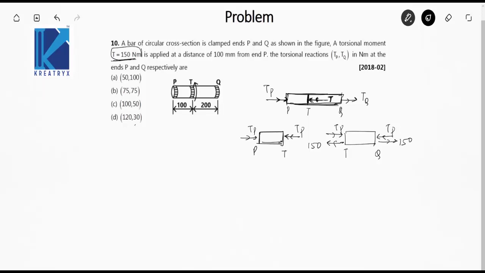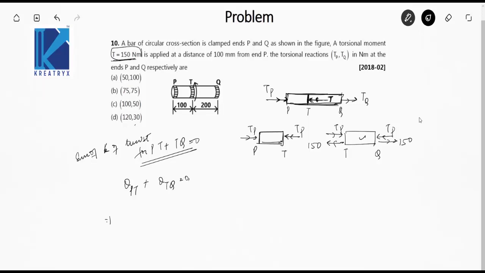The sum of the angle of twist for bars PT and TQ is equal to 0. Theta is TL by GJ. So theta_PT plus theta_TQ is equal to 0.